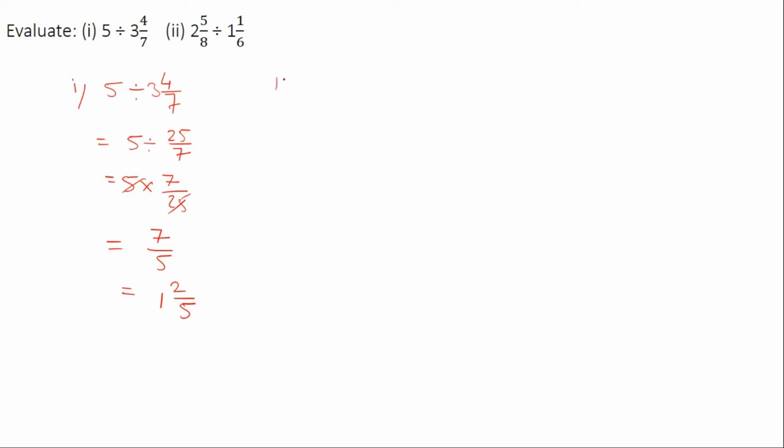Next, number 2 is 2 whole 5 by 8 divided by 1 whole 1 by 6. So for that we will change both of them into improper fractions. So it will be 21 by 8 divided by 7 by 6.